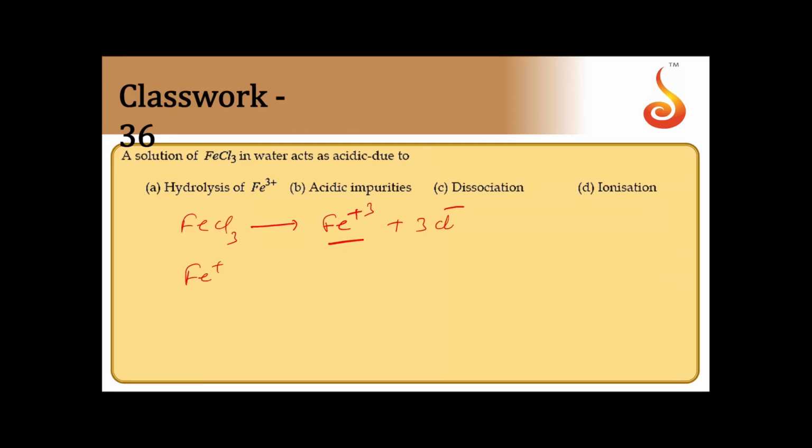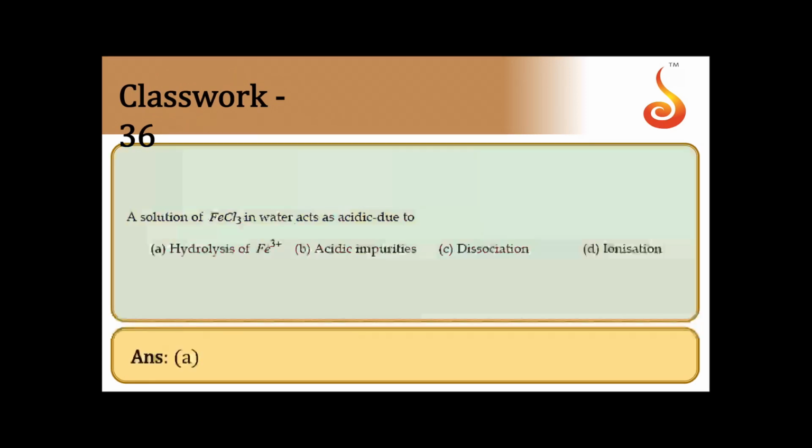These Fe plus 3 ions will react with water and produce Fe(OH) taken thrice and release H plus ions in the solution. Thereby you get acidic nature because of the hydrolysis of the Fe plus 3 ion. So the answer is option A. A is the answer.